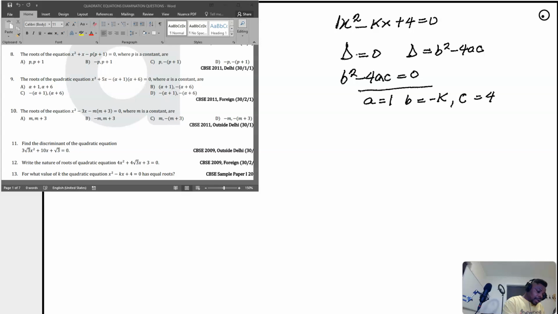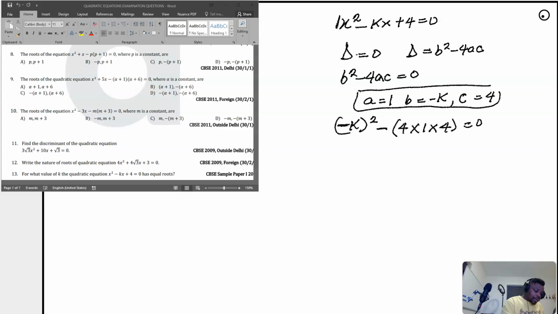So let's put this value here in b squared minus 4ac. So minus k all squared, that is b squared, minus 4 times 1, which is a, and c is 4, is equal to 0. So this is k squared minus 16 is equal to 0.